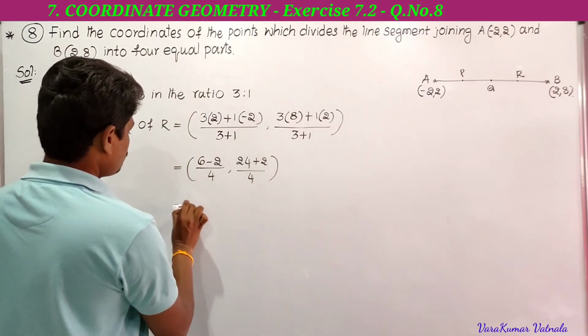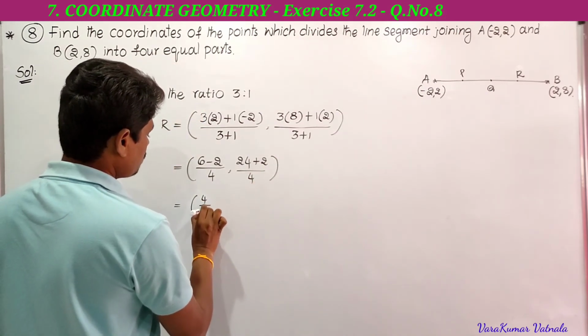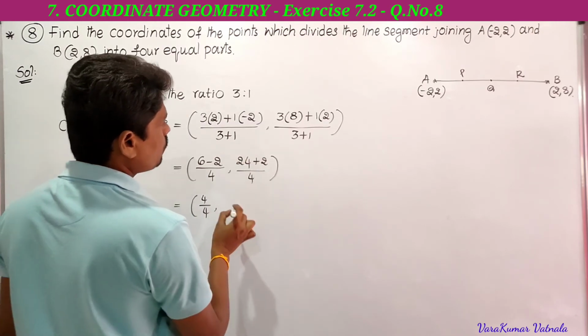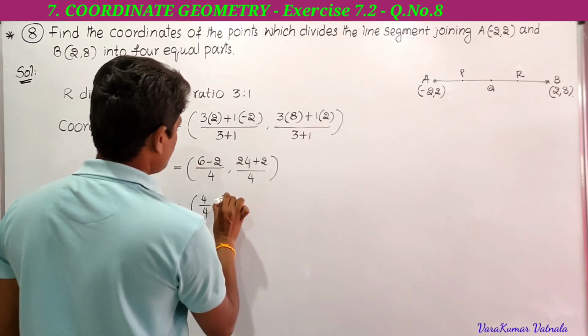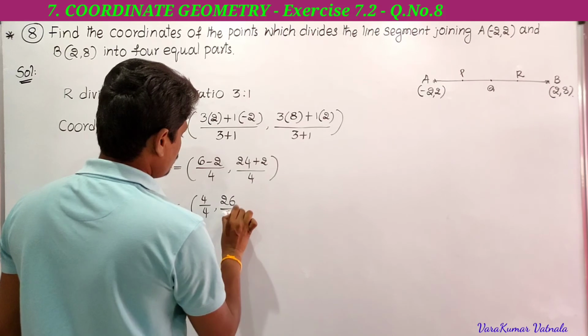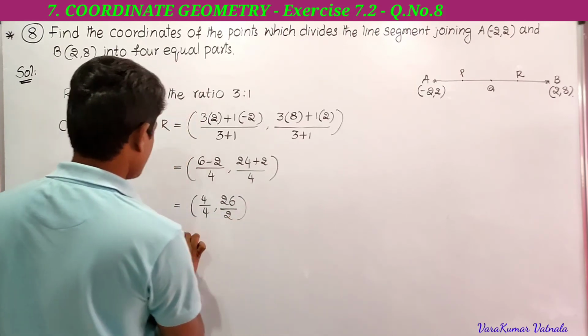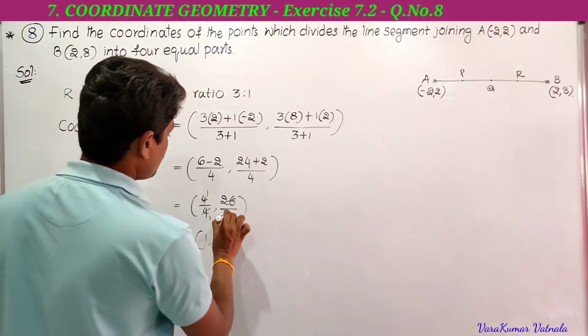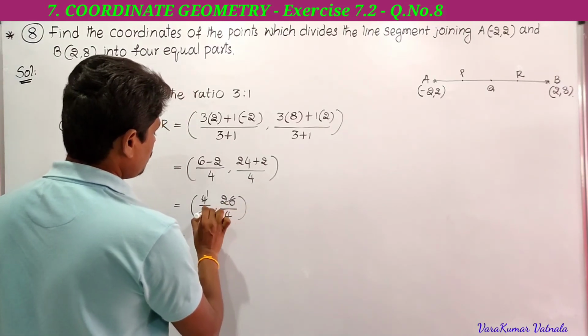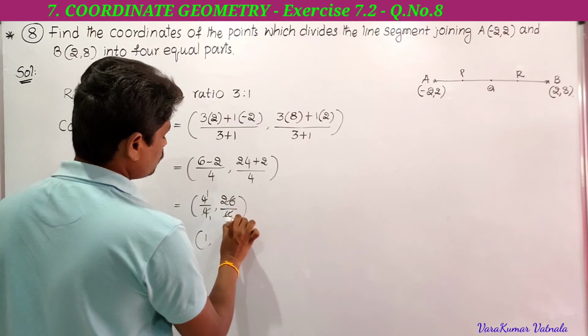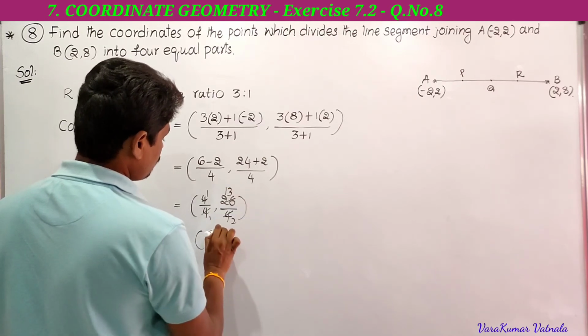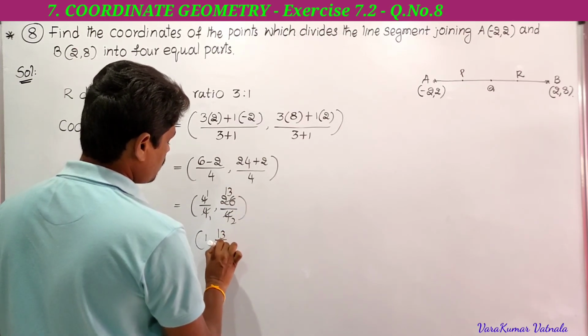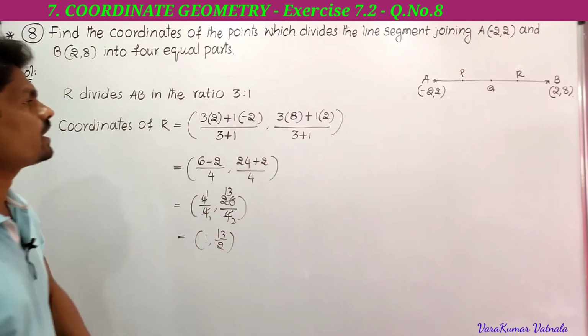So 6 minus 2 is 4 by 4, comma, 24 plus 2, 26 by 4. So here 4 by 4 is 1, comma, it is 26 by 4. So here 2 twos and 2 thirteens. So 1 comma 13 by 2. These are the coordinates of R.